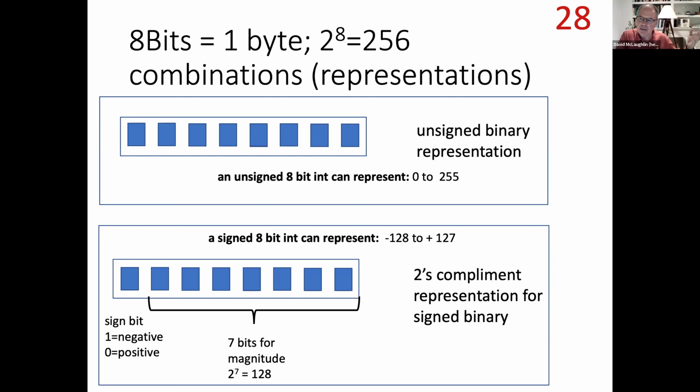If that is 1, we'll treat it as a negative number and 0 as a positive number. Then we only have 7 bits for the magnitude, and in that case we could represent numbers from -127 to +127. The limitation of that is you have 2 different values for 0, because all the bits could be 0, or you could have 1 followed by 7 zeros. That is redundant, so you have 2 ways of getting 0.